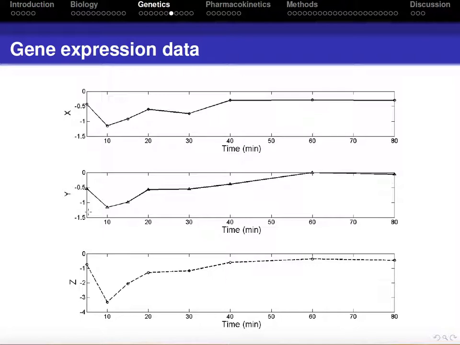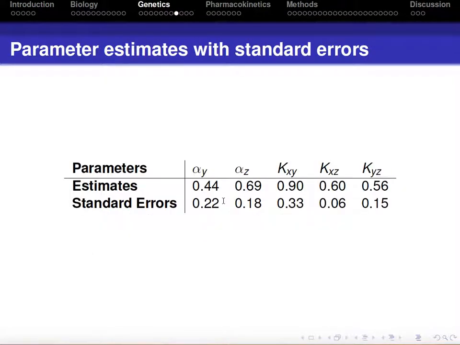I believe this is for the yeast. So we have measurements of this gene expression over multiple time points. In this case, we have 8 time points for each gene expression, and now we can estimate these parameters from the data with standard errors.